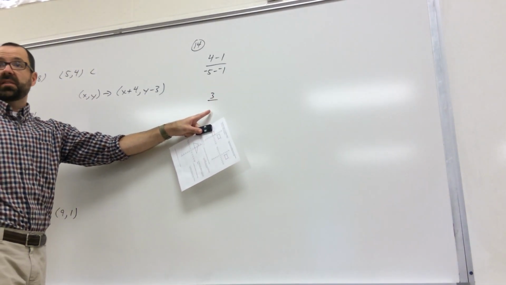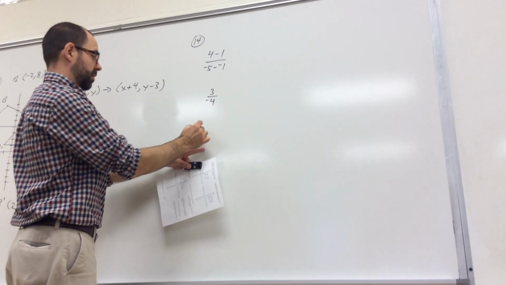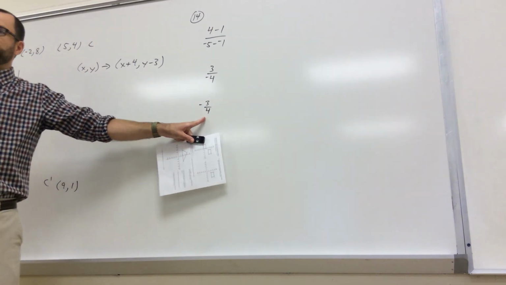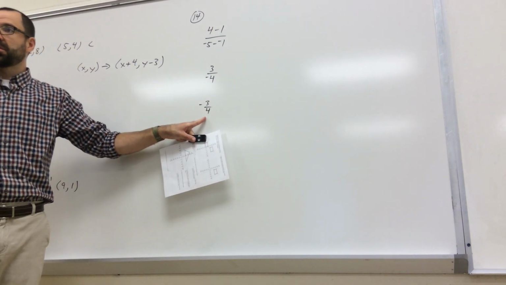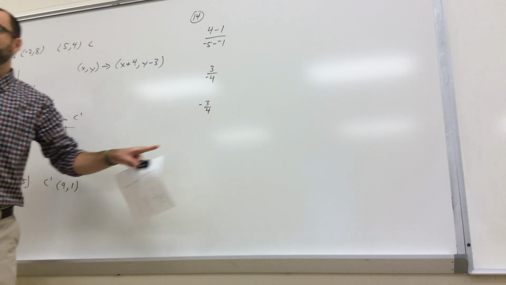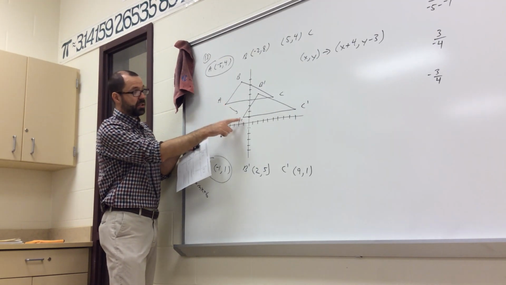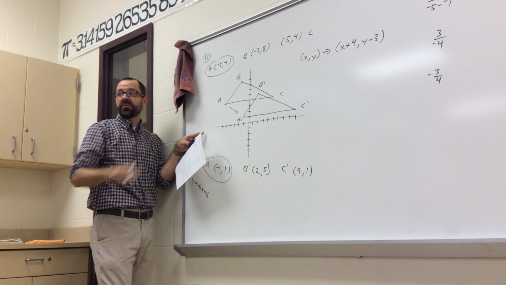And negative 5 minus negative 1 comes out to negative 4. So that tells you that the slant is negative 3/4. So back in the picture, that means that the old A and the new A, the direction that you moved in to get there was negative 3/4.